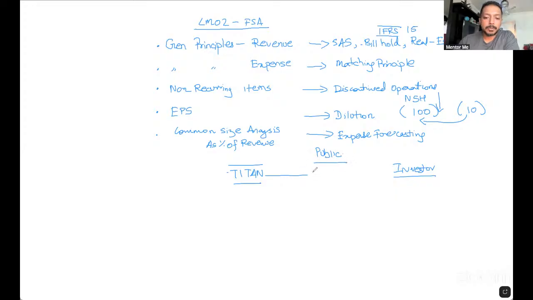Annual reports, quarterly reports, and some third party information. But who is making all of these? This is the chartered accountant or the CA firm which Titan hires. Of course, that is audited by a third party auditor, but that third party auditor is also getting paid by Titan, right? So all of these statements are made by the chartered accountant.